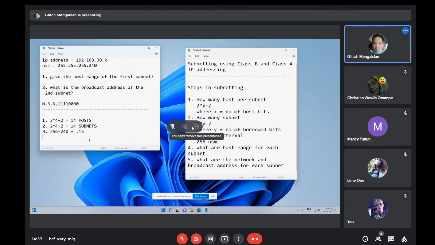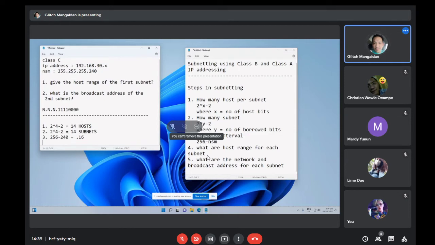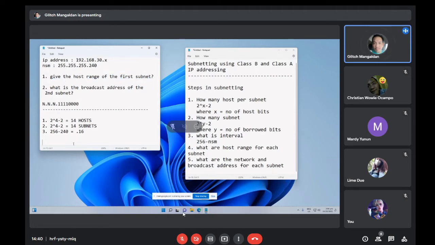Okay. Now, after putting here the dot 16, the next thing to do is number 4. So yung number 4, pwede na nating ma-answeran yung host range. So actually, ang gagawin mo na lang dito yung 4 and 5 kahit na hindi nyo na isulat. Ang gagawin nyo na lang is you're going to create a table, di ba?